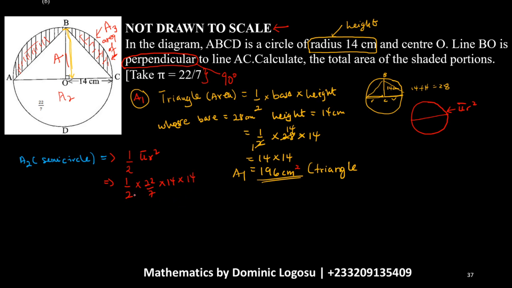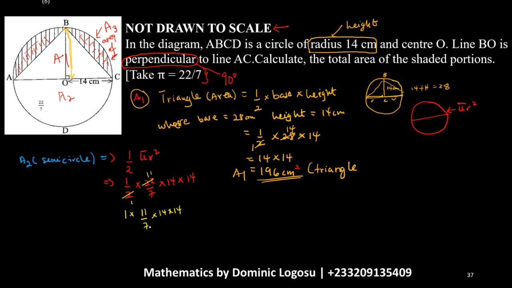Okay? So quickly, to make this half go away, we will just cancel. So this 2 will go 1, this 2 will go 11, and then we'll write it down. So it becomes 1 times 11/7 times what? 14 times 14.